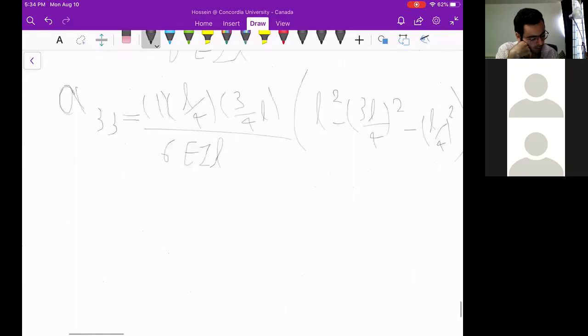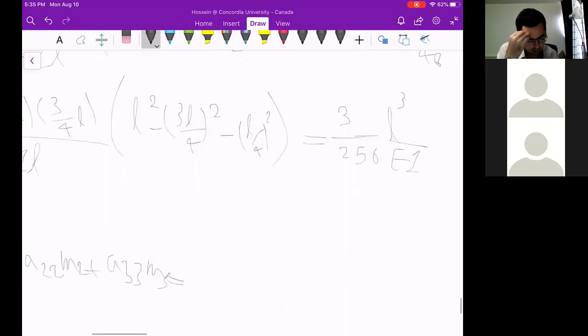Therefore, the first natural frequency is approximately given by A11 M1 plus A22 M2 plus A33 M3. So M is W over G, and W is given.